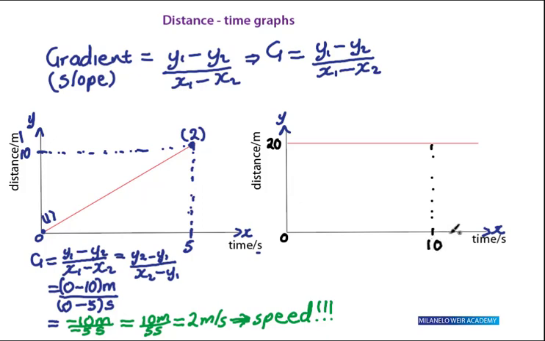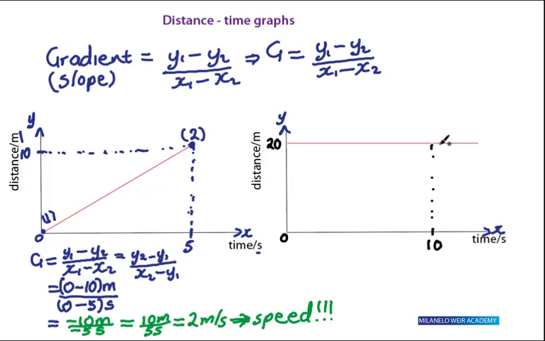Then we are to calculate the gradient, once again the slope. By inspection, we can actually see there is no slope. If you were walking on a road that is flat like this, it is not slopey, my friend. There is no slope, zero slope.